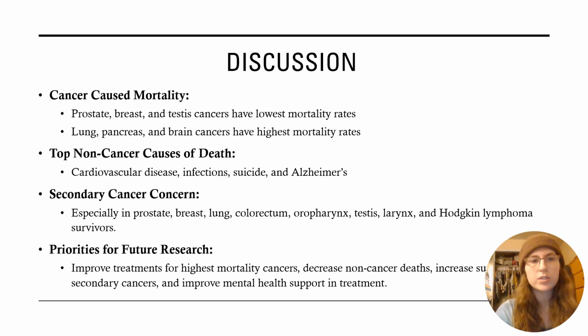So just to wrap things up for the discussion, for cancer cause mortality, the ones with the lowest mortality rates are going to be prostate, breast, and testicular cancer. This is mostly talking about index cancer, not necessarily all of the causes of death. And the ones with the highest mortality rates are going to be lung, pancreas, and brain cancer.